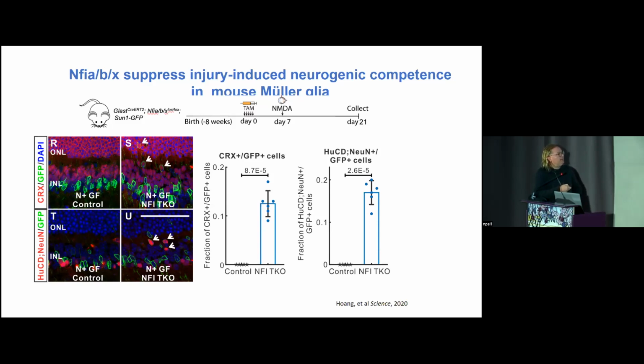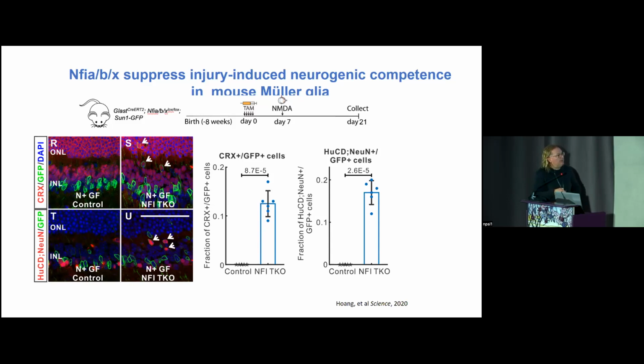These are the glia. And as you can see, the glia are sitting just below the bipolar cells that express the transcription factor CRX, and just above the HuC/D positive amacrine cells. What happens when you knock out the NFIs, however, is that the glia, first of all, start to move.